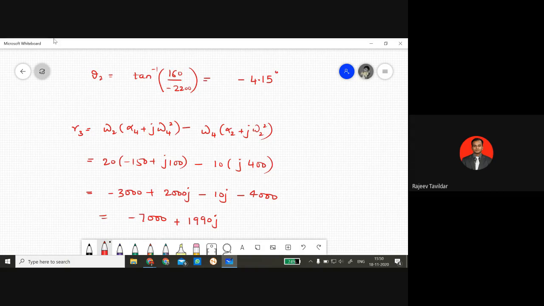Is it correct? For R3, minus 7000 plus 1990j. Minus 2000, sir. Sorry. So minus 4000j plus 2000j, so it should be minus 2000.